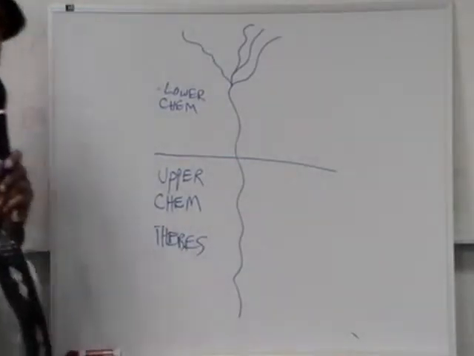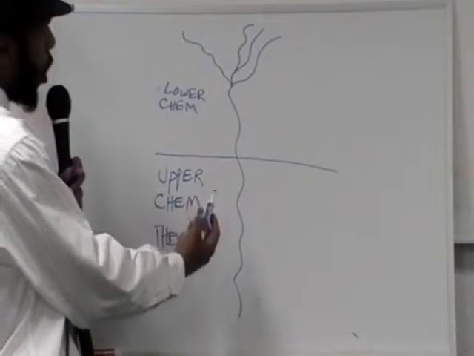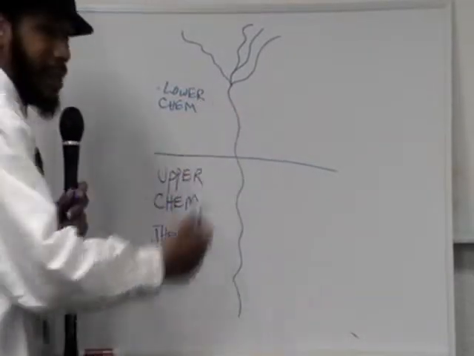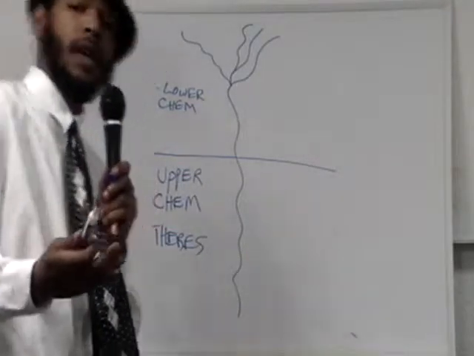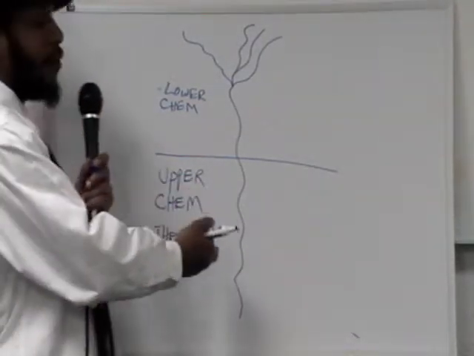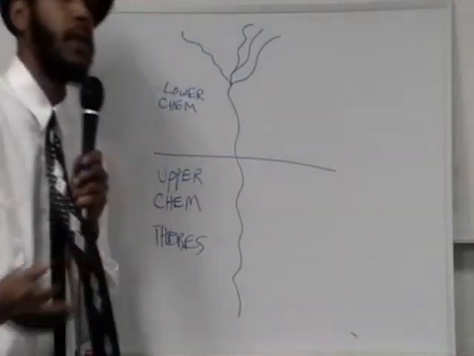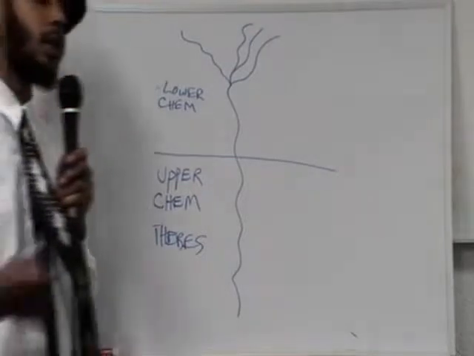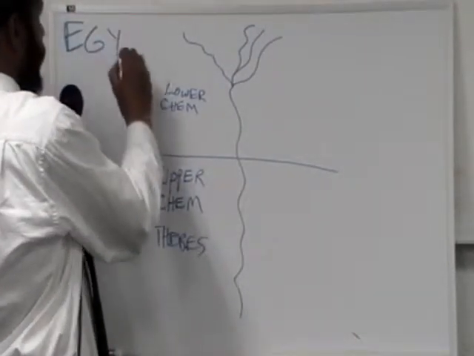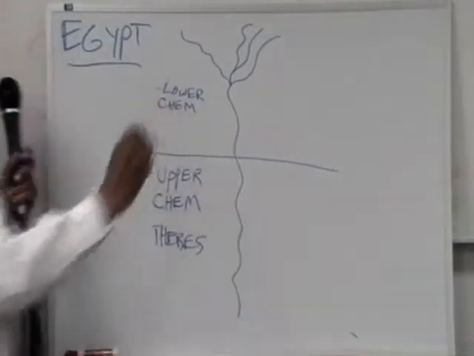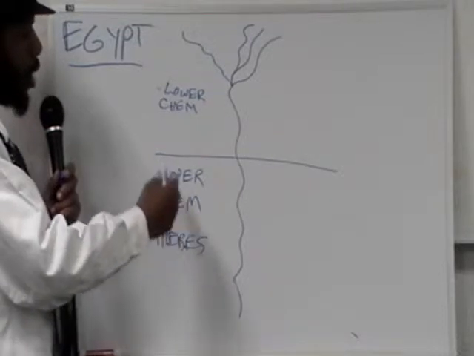There was a time when the Nile Valley used to flow from north to south. There was a shift in the land that caused the Nile Valley to begin to flow from south to north. As a result, what they call Egypt was split into two parts, upper and lower.